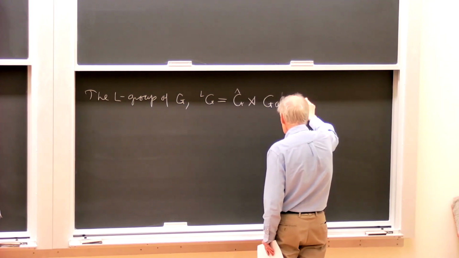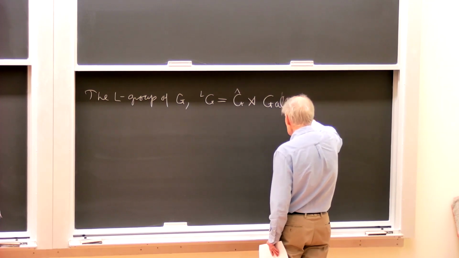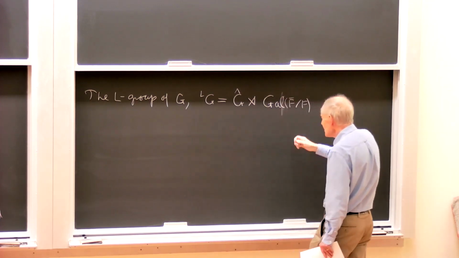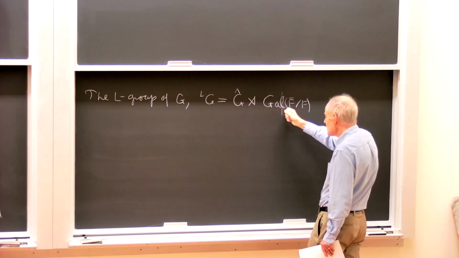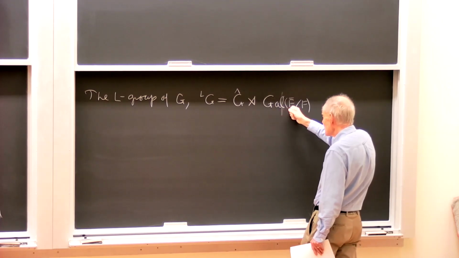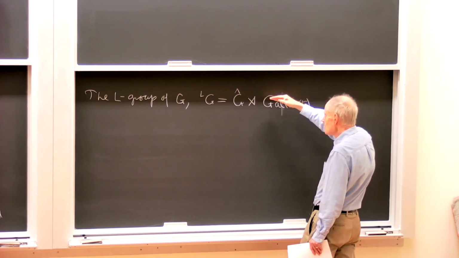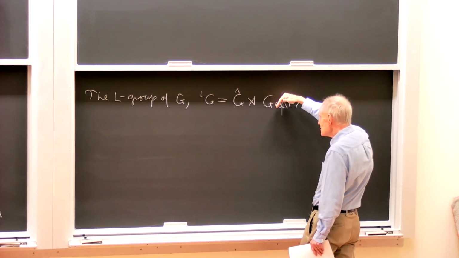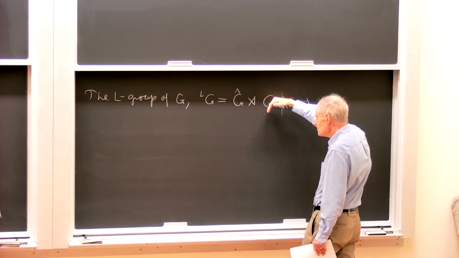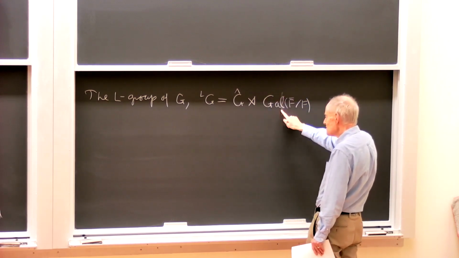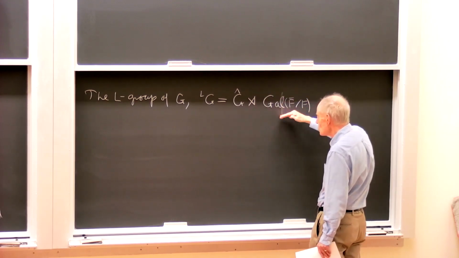of F bar over F, but that looks very forbidding. The point is that up to a finite Galois extension that's usually very small, this acts trivially on this and can be ignored.